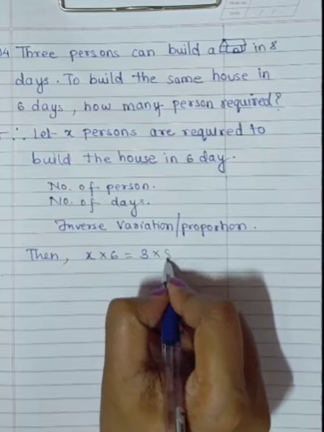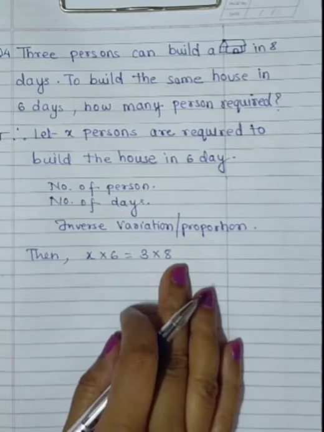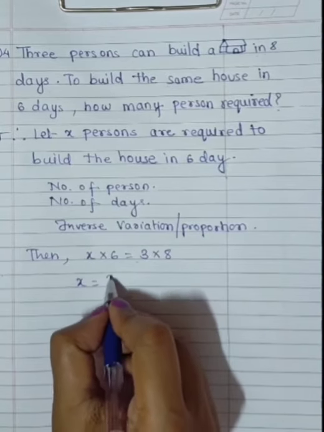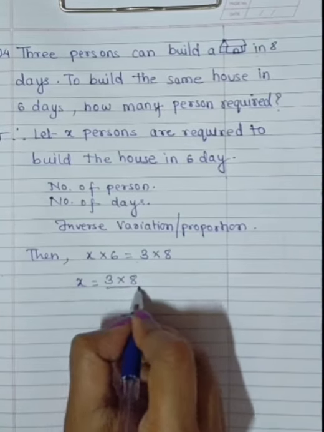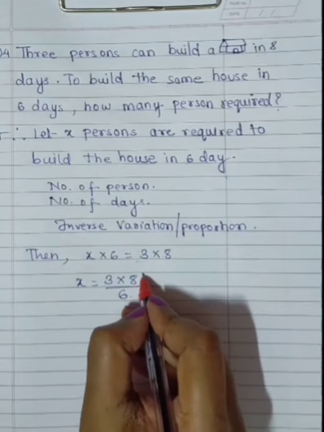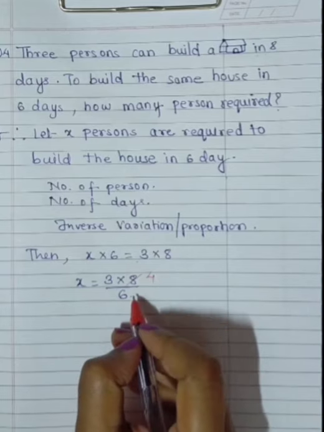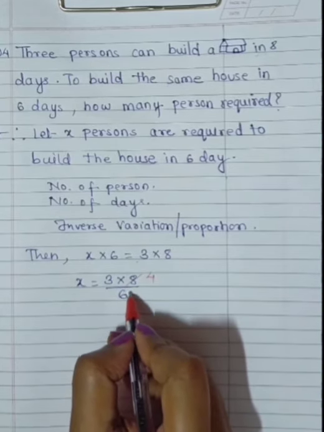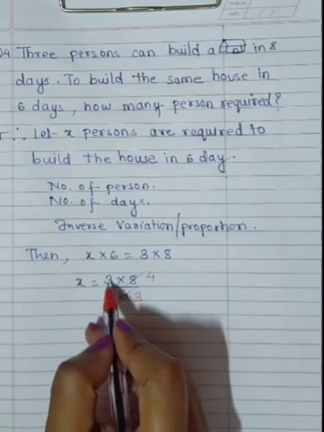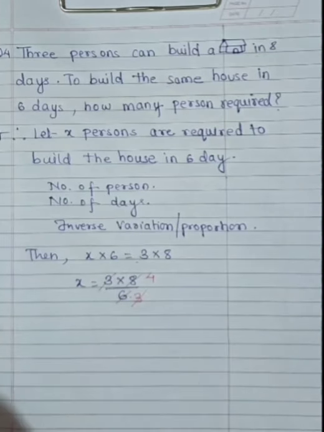So X is equal to 3 multiplied by 8 upon 6. Here 2 3s are 6, then 3 and 3 cancel, and 2 4s are 8. What remains?